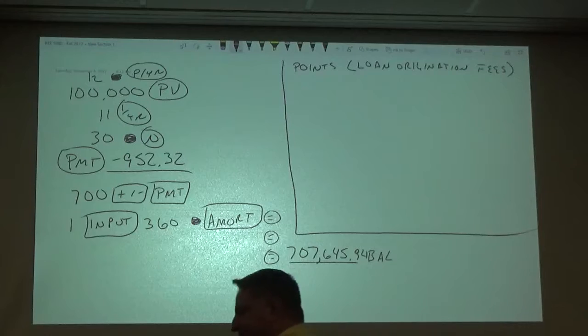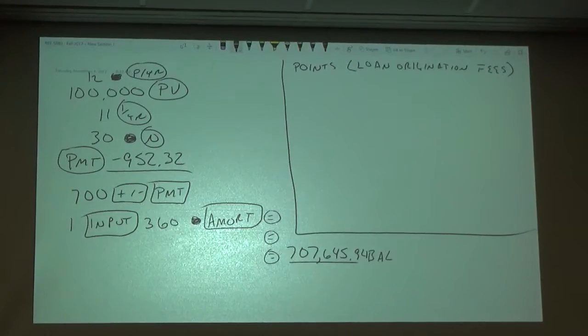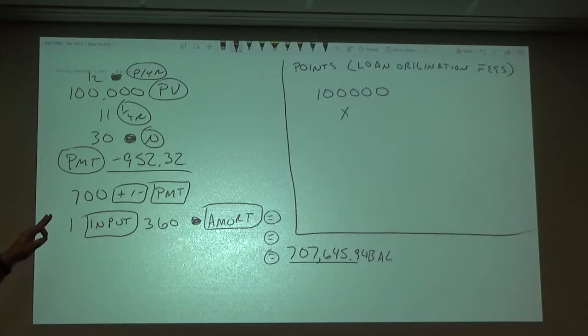Okay? Well, it pretty much came down to this. You go into a lender and they would say, okay, you're borrowing $100,000 from us, and we're going to charge you these loan origination fees, but the way that they began to sort of refer to them, once again, were as points. Okay?